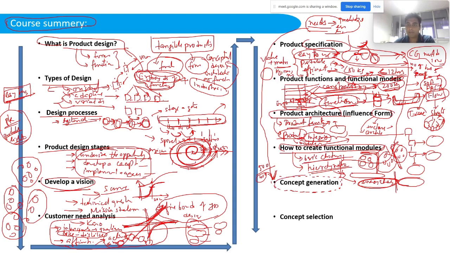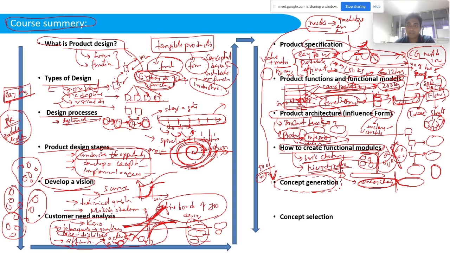And then we discussed the concept generation phase. After we have the product modules, now we need to think about the form. What we have so far are very generic ideas. However, for detailed visualization, we need sketches or representations of these modules or the functionalities.